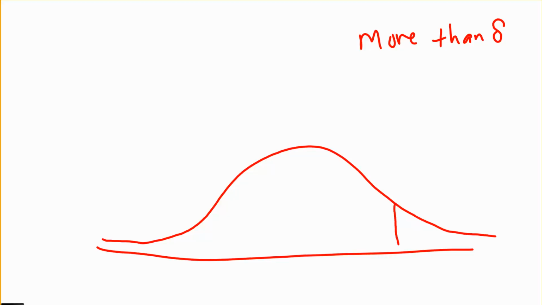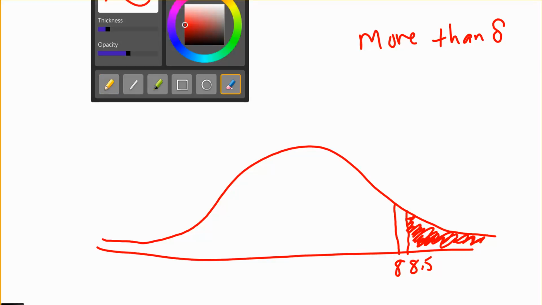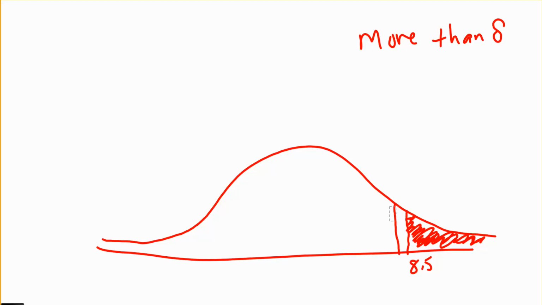So if this is 8, and we don't want to include it, because we had to do this correction, we're going to use 8.5 and everything to the right of it. So more than 8 goes from 8.5 and everything right. So if we erase the 8, and I don't know if I'll be able to quite erase that line. Close enough. More than 8 is everything to the right of 8.5.